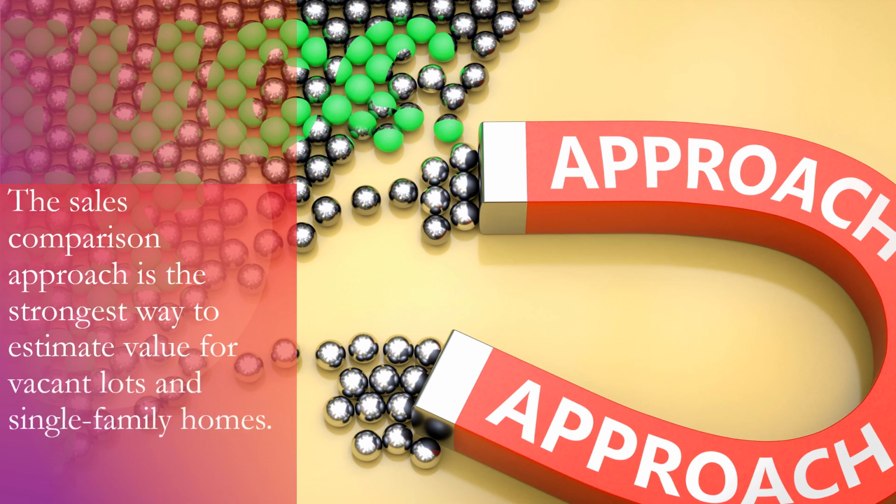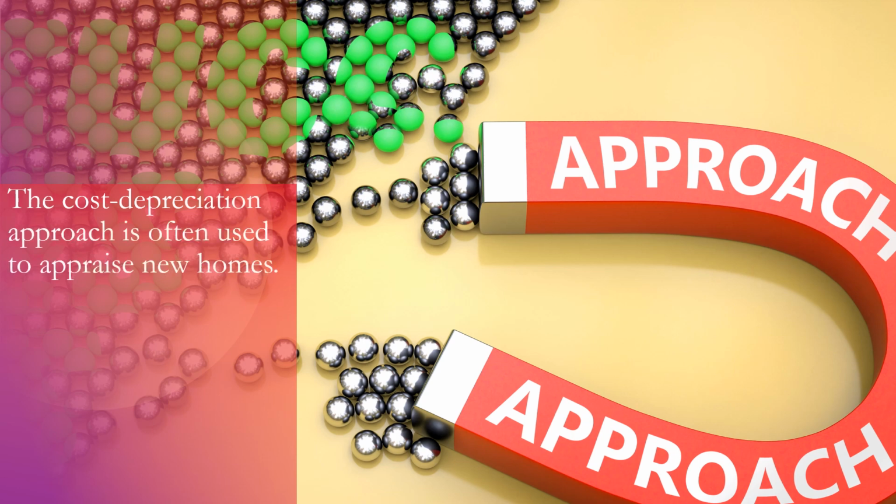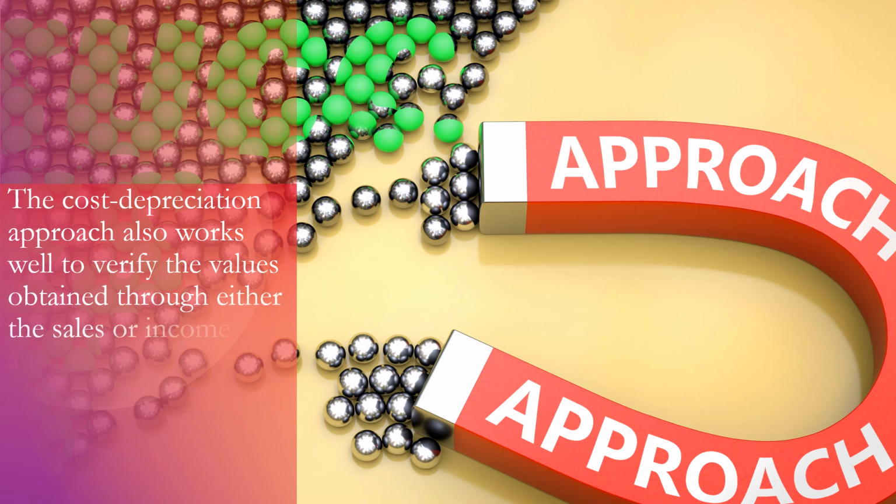The sales comparison approach is the strongest way to estimate value for vacant lots and single-family homes. The cost appreciation approach is often used to appraise new homes. It also works well to verify the values obtained through either a sales or income approach.